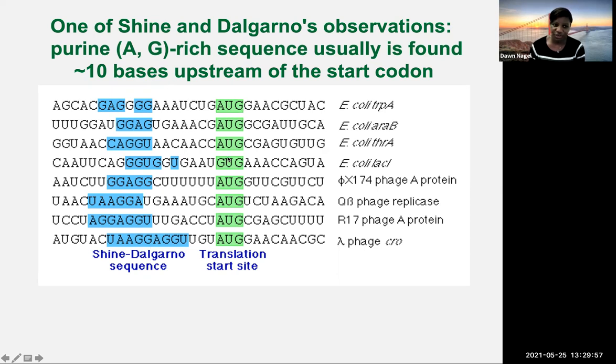This is not random. If you look at another AUG in the genome, you're not going to find this. So they were able to look at the AUGs and see what is shared upstream of those sequences that determines this is the place you need to start. They found this purine-rich region, and this is what's referred to as the Shine-Dalgarno sequence.